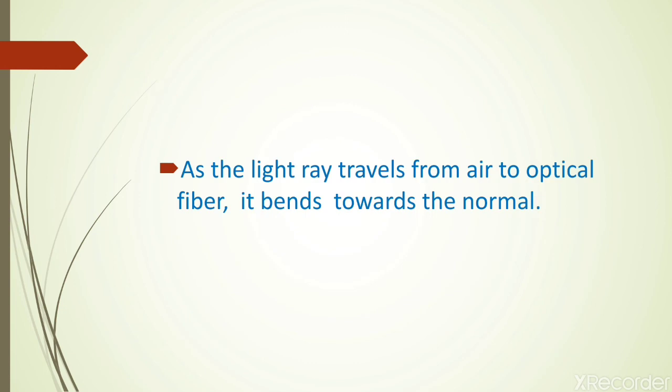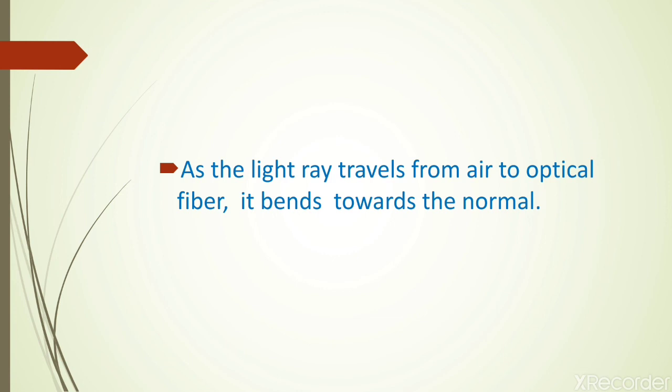As the light ray travels from air to the optical fiber, it bends towards the normal. We discussed this principle a while ago. We say that whenever the light ray travels from a medium of low refractive index to a medium of high refractive index, it bends towards the normal.